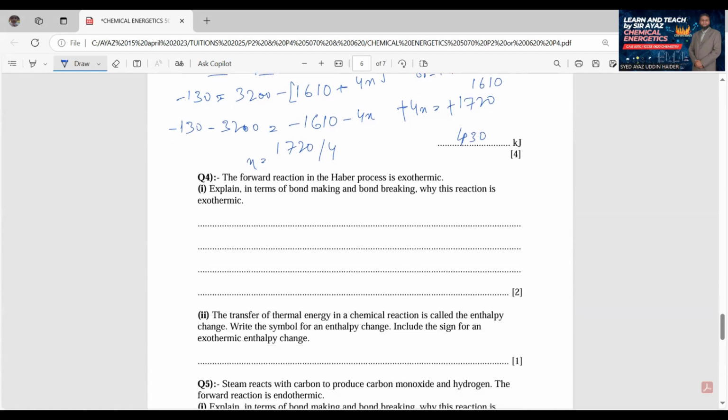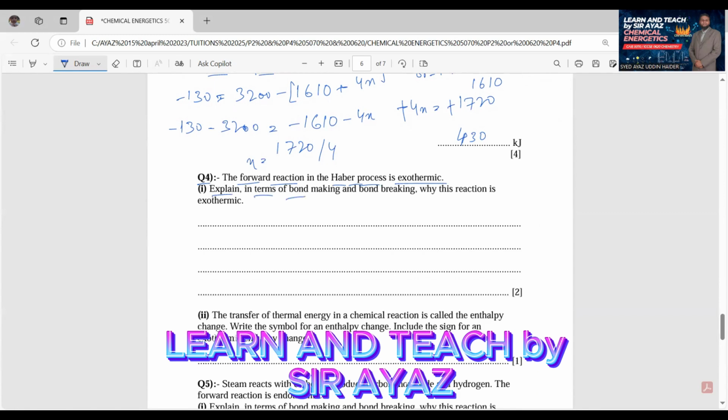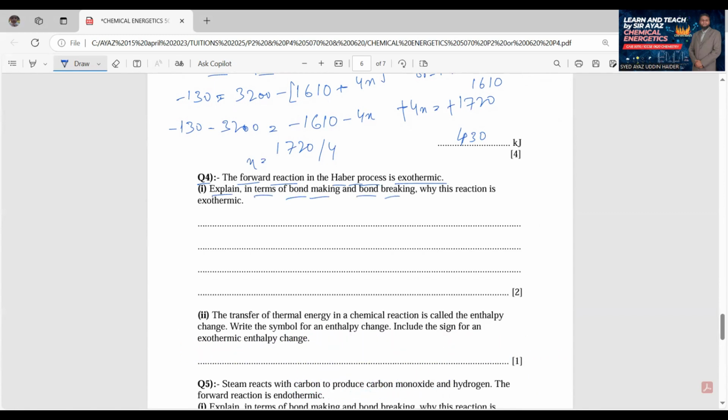Moving to next question. The forward reaction in the Haber process is exothermic. Explain in terms of bond making and bond breaking why this reaction is exothermic. Whenever you are solving these kinds of questions, you will always start with these common statements.